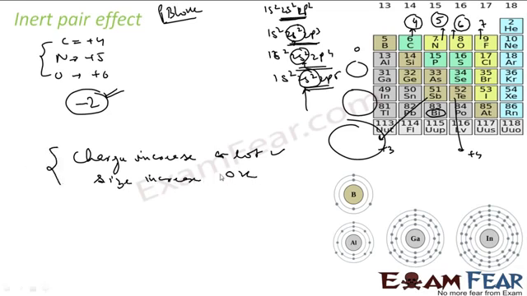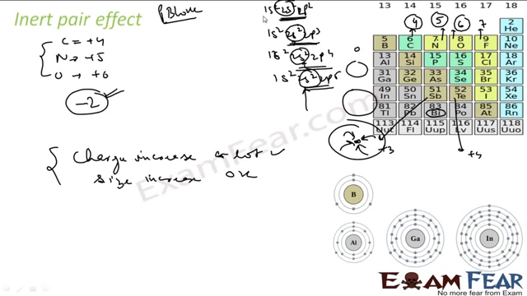So since the atom has more charge, it will hog the electrons, it will attract the electrons, and these s orbitals are almost very near to the nucleus. So these s orbitals will not take part in the bond.